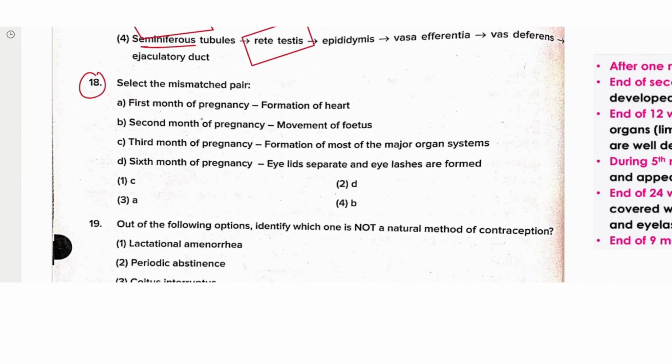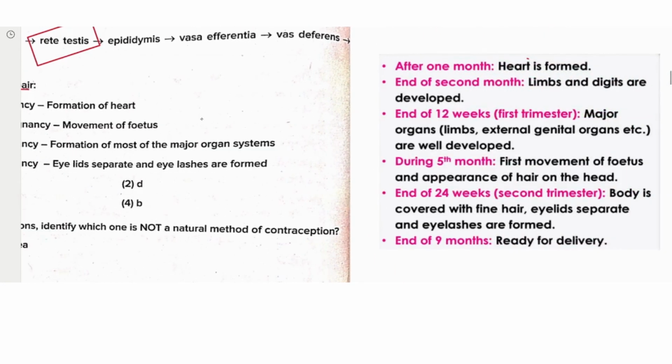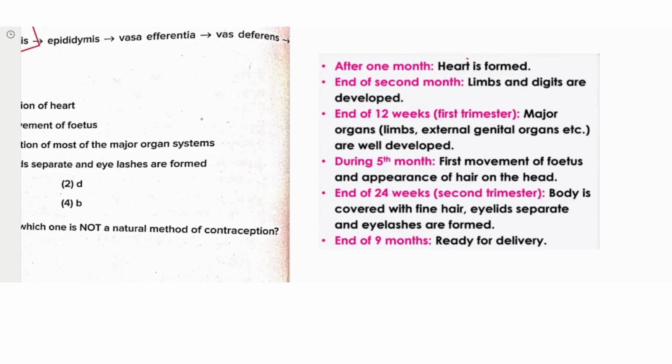Then question number 18: select the mismatched pair. The table I have attached here will help you. In the second month, the limbs and digits develop, and the first movement of the fetus is in the fifth month, the 24th week. Eyelids will be separated, the body will be covered with fine hair, and eyelashes will form.